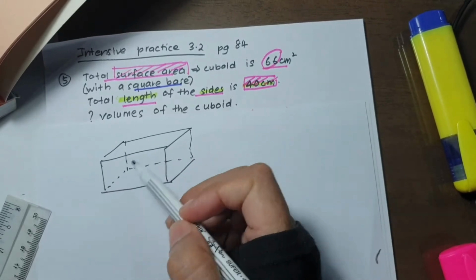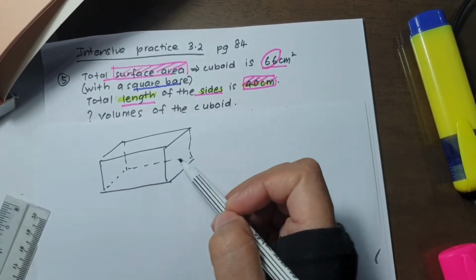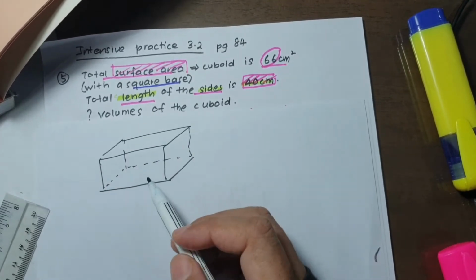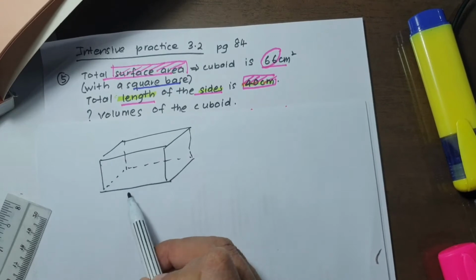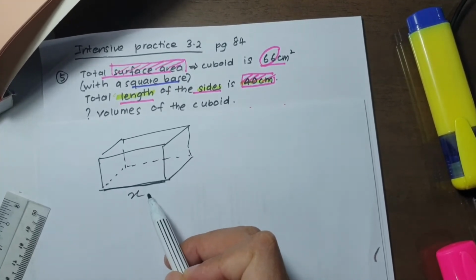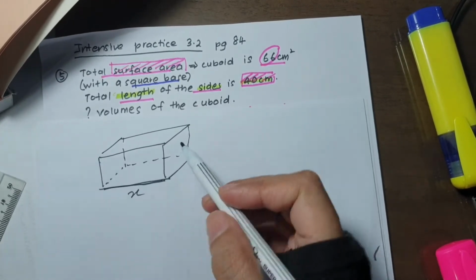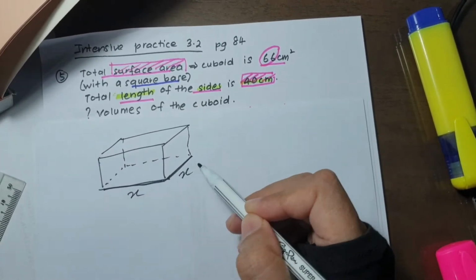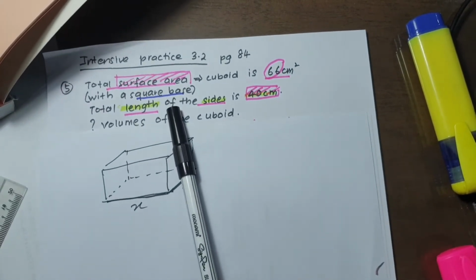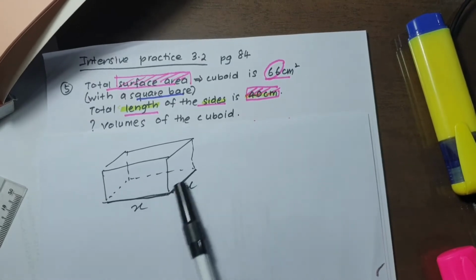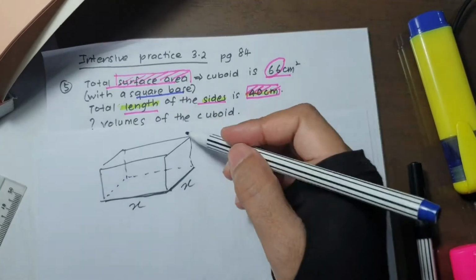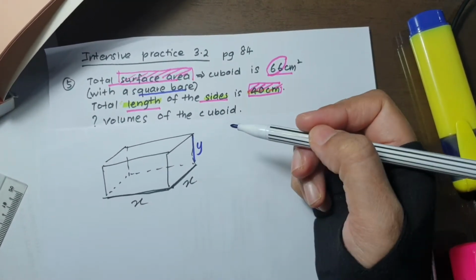Altogether you have 6 surfaces. Since it is stated that the base is a square base, let x be the length of the cuboid. Its width is also x, because it has a square base, so the length and width are the same. And let y be the height of the cuboid.